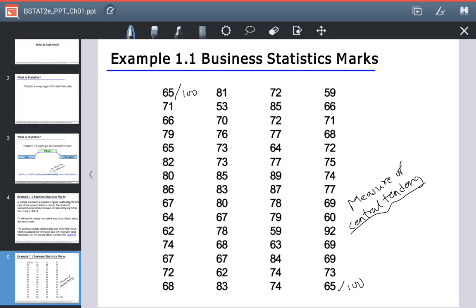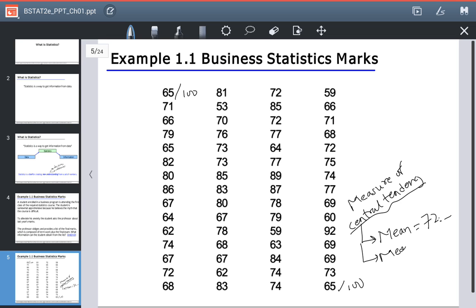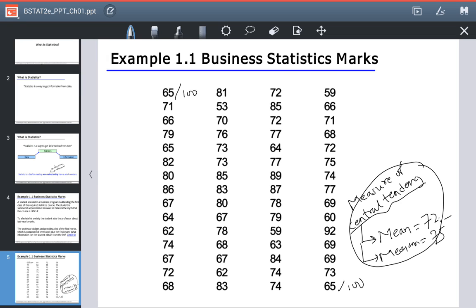So one nice way is the professor might say that the mean of my class is 72 point something. Or he can say the median of the class is 75. So this is one way to summarize the data. This is where statistics will help you.